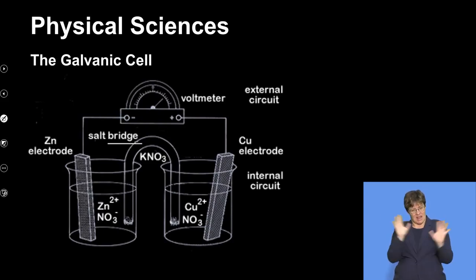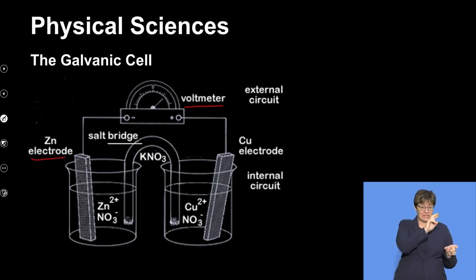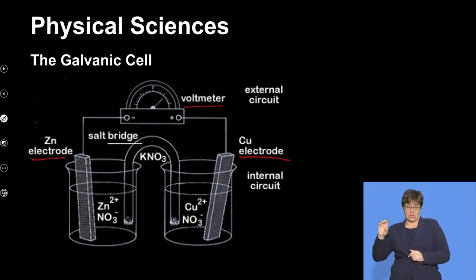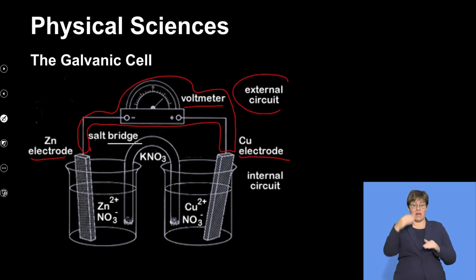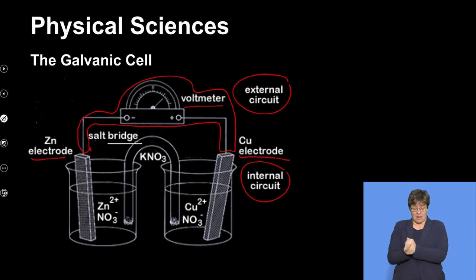It's quite clear that there is no battery. There is a voltmeter that is measuring the difference in potential between the zinc electrode and the copper electrode. The part that is outside of the configuration where the reactions are happening is known as the external circuit, where the parts of the cell where there are chemical reactions happening is the internal circuit.